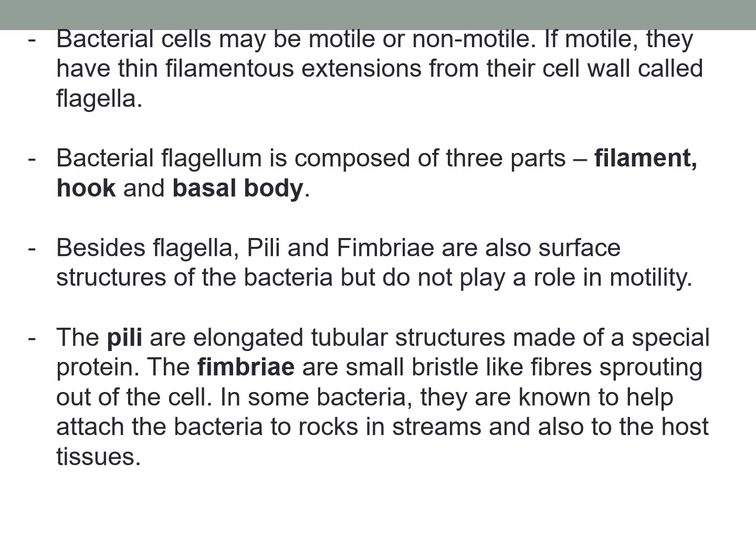The pili are elongated tubular structures made of a special protein. The fimbriae are small bristle-like fibers sprouting out of the cell. In some bacteria, they are known to help attach the bacteria to rocks in streams and also to the host tissue. So fimbriae basically help the bacteria to attach to any surface.